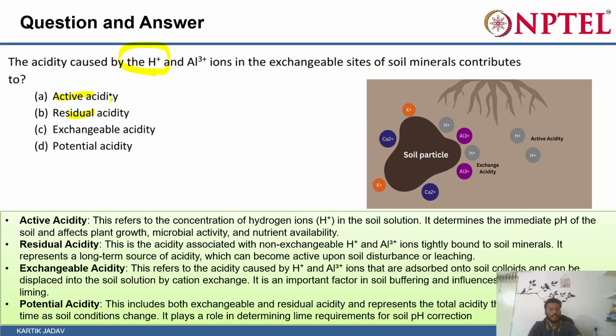So we know that whenever there is a presence of H plus and aluminium 3 plus ions, that causes exchangeable acidity, because they are adsorbed onto the soil colloids and can be displaced into the soil solution by cation exchange. It is an important factor in soil buffering and influencing soil amendments like lime. The correct answer is option C.